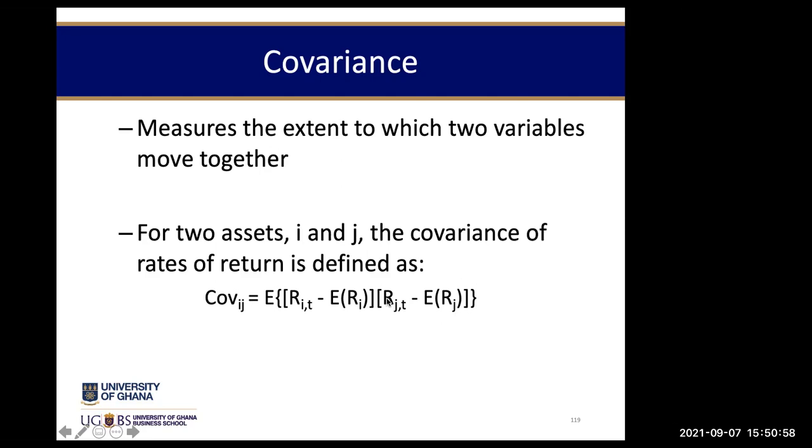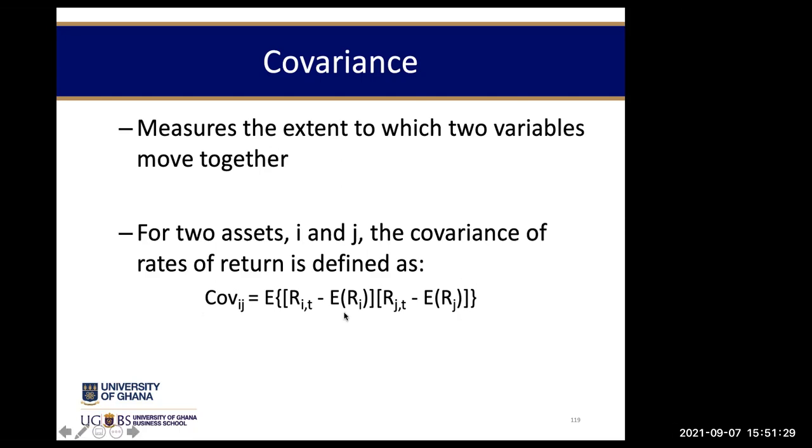And that tells you how the two assets move together. In particular, if you look at this formula carefully, if we multiply the deviation of asset I by the deviation of asset I, what will we get? We get (R_IT minus E[R_I]) squared because it appears twice. And what is that? That's the variance, and if you take the square root, that's the standard deviation.